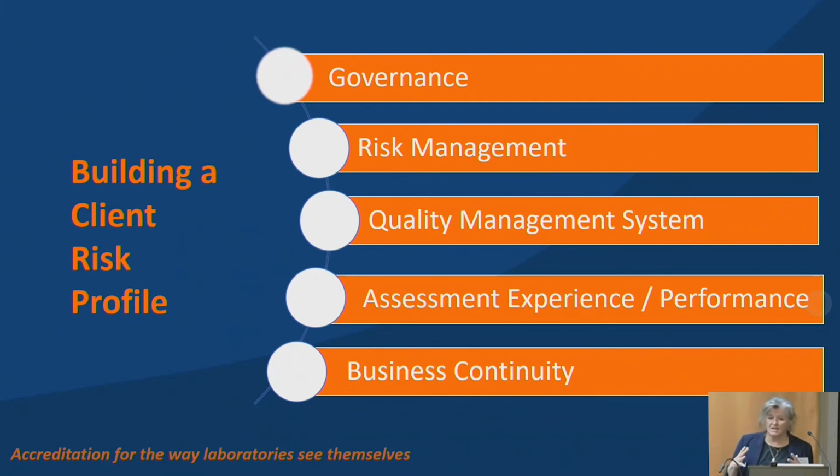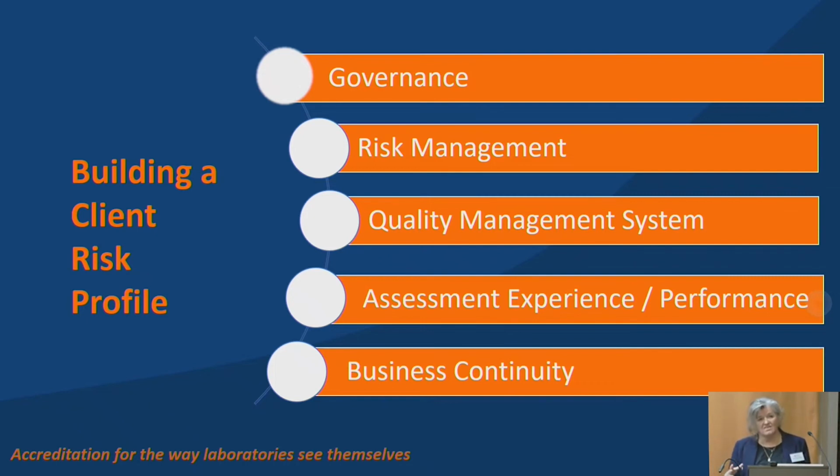That will include things like governance, risk management, the quality management system, the assessment performance, your responsiveness, whether people are there on the day or not, and business continuity, which will look at things like staffing, how high the staff turnover is, and what the support from management is. This will be internal at least initially. So it might be a score out of 10. I don't know what it's going to be yet. We're still in discussions about this.